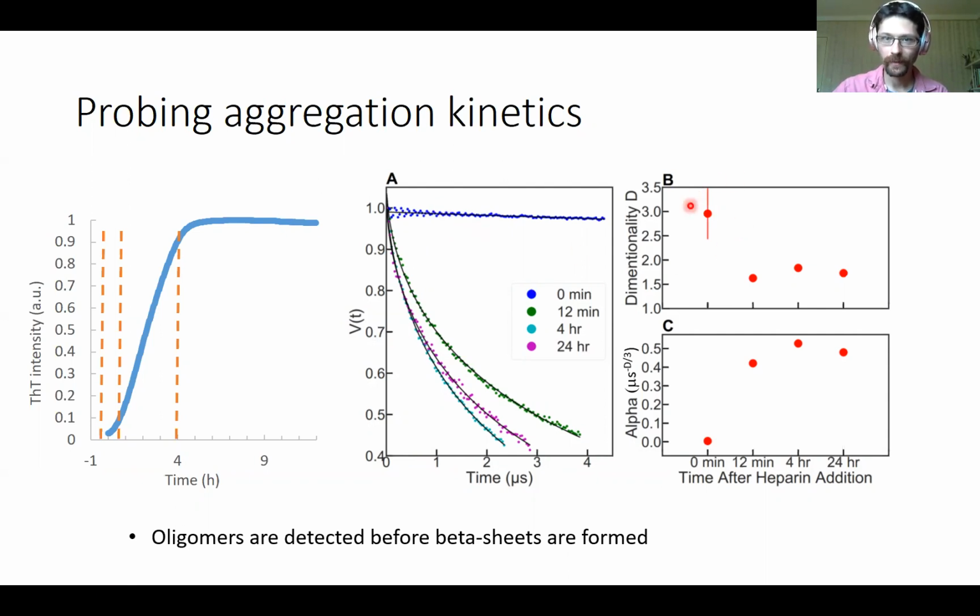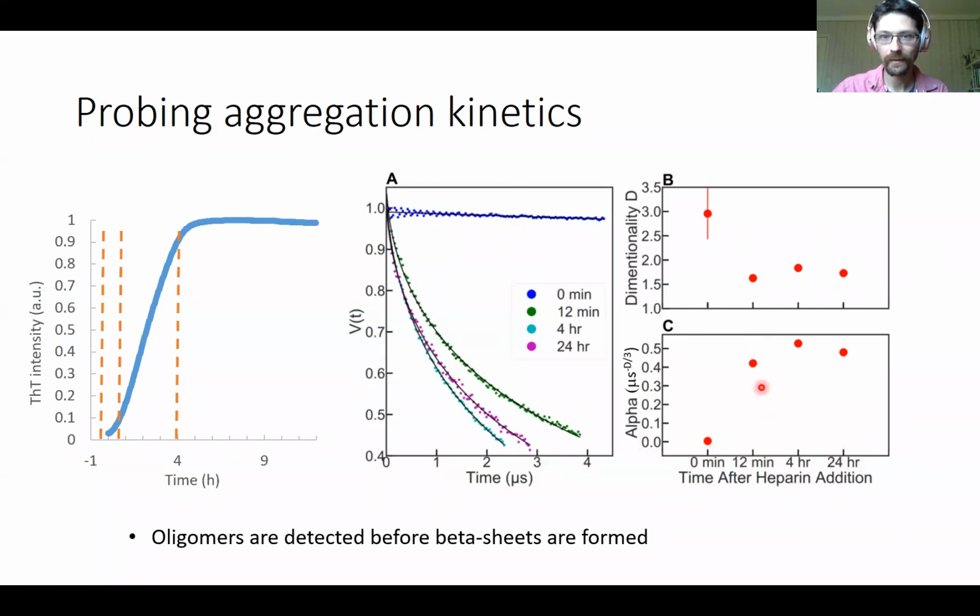So here you're jumping from a high dimensionality, around 3 at 0 minutes, meaning you're a monomer in solution, to lower dimensionality. And your alpha is also going from very dilute, because you're 3D, in solution, so spins have space. And here you increase your alpha, which means you increase your spin density already at 12 minutes.